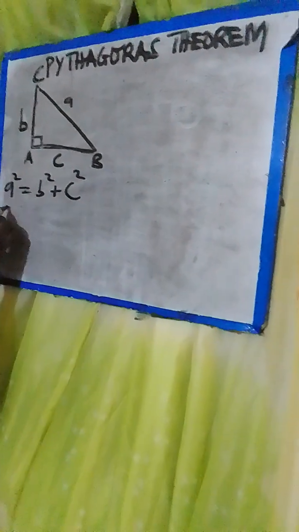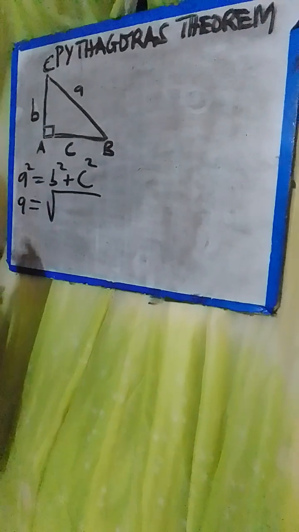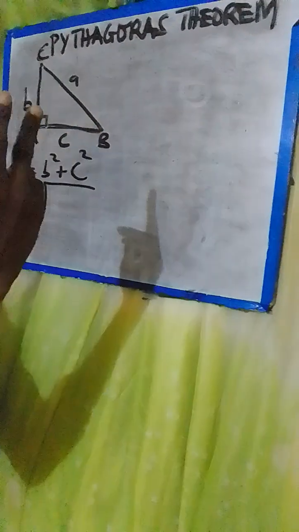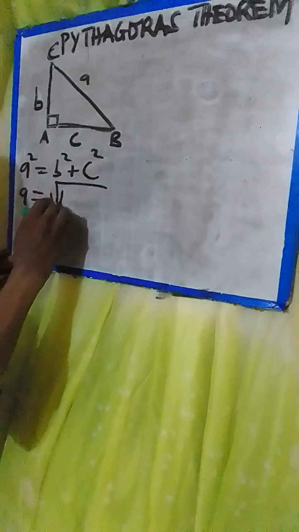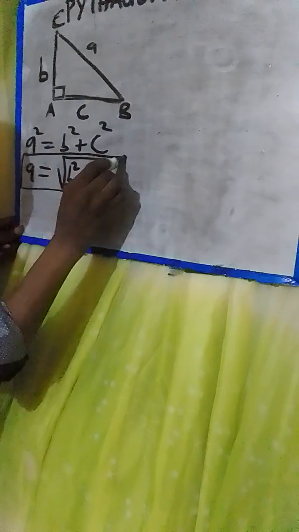So to look for A, A is equal to the square root. Removing this index, which is 2 here, you square root the other side. It becomes the square root of B squared plus C squared. So this formula is very important if you are solving problems in mathematics.